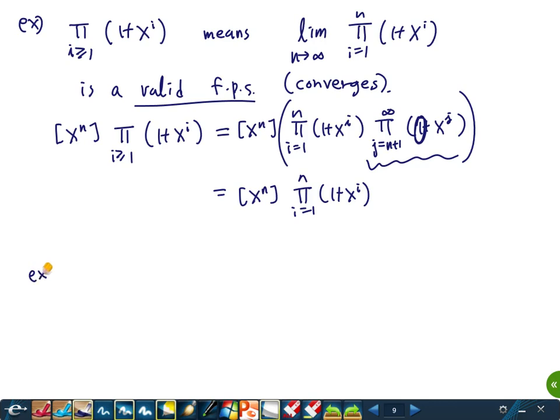Now, what about this? Let's use a different notation, a different example, simpler: the product of 1 plus x, is this a formal power series?